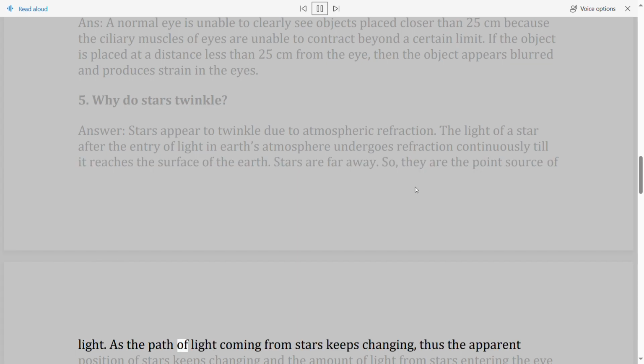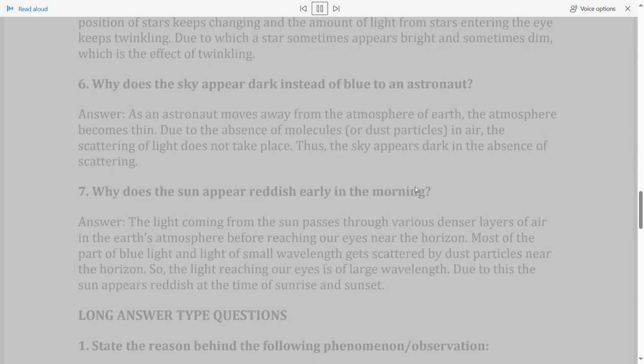As the path of light coming from stars keeps changing, thus the apparent position of stars keeps changing and the amount of light from stars entering the eye keeps twinkling, due to which a star sometimes appears bright and sometimes dim, which is the effect of twinkling.